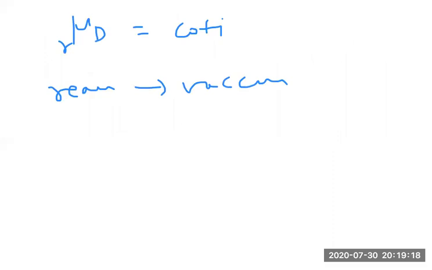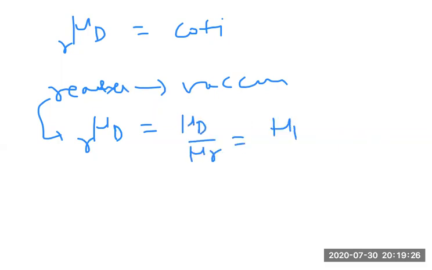So here mu denser to rarer, we got it as cot I. Because here we are taking the rarer medium as vacuum, then mu denser to rarer, simply I can write mu denser by mu rarer, and we can write it as mu denser. And we can also write it simply as mu. So this is the information.